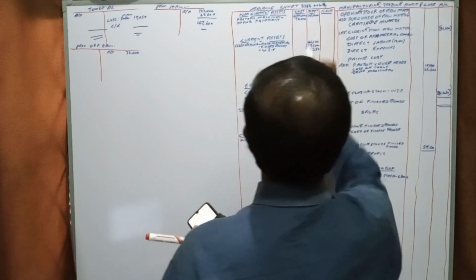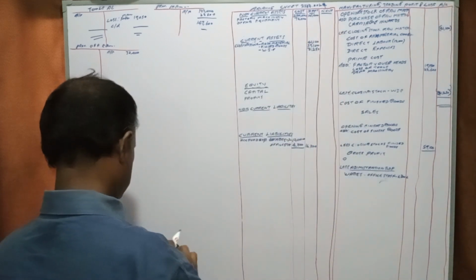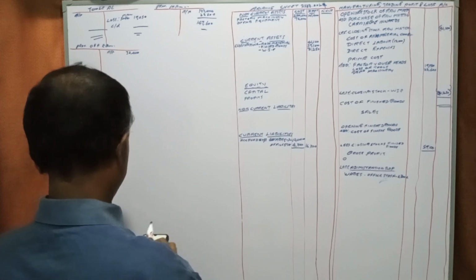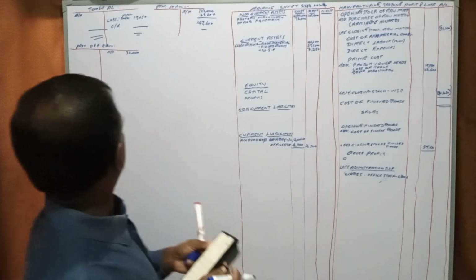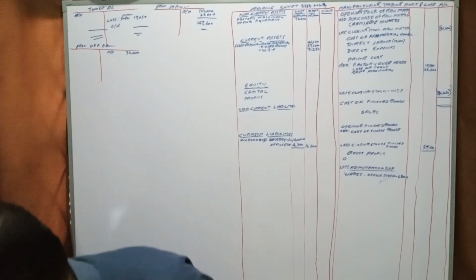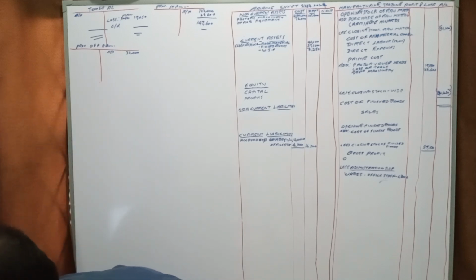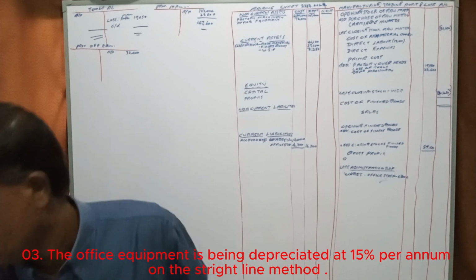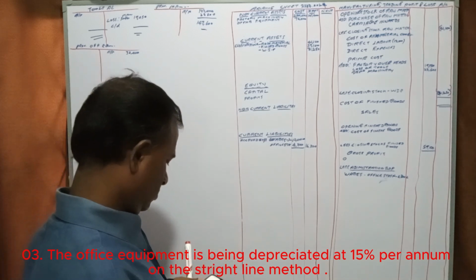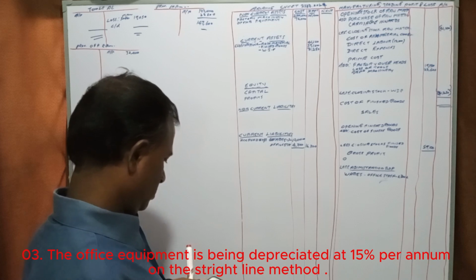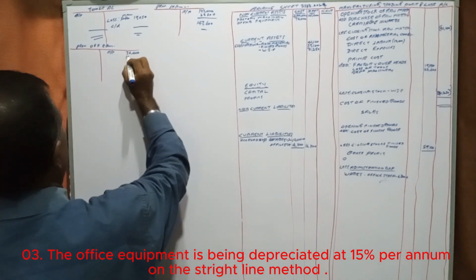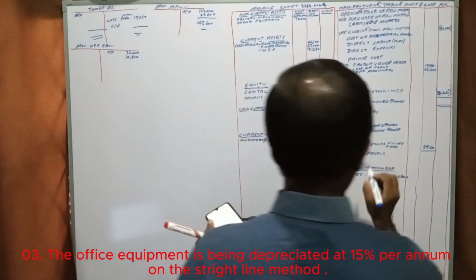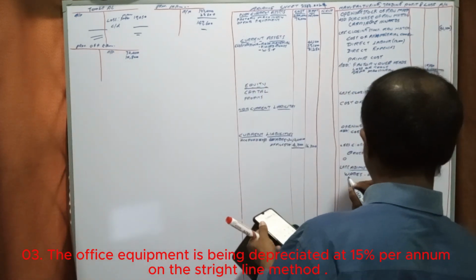On the office equipment, the rate is 15% on straight line method, into 72,000, that is 10,800.